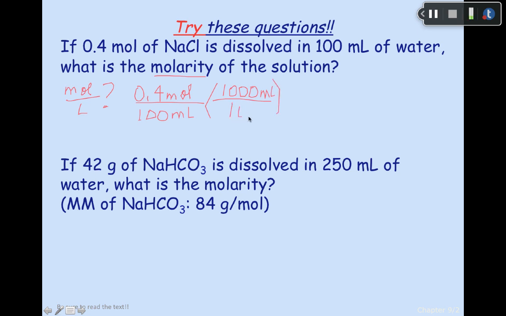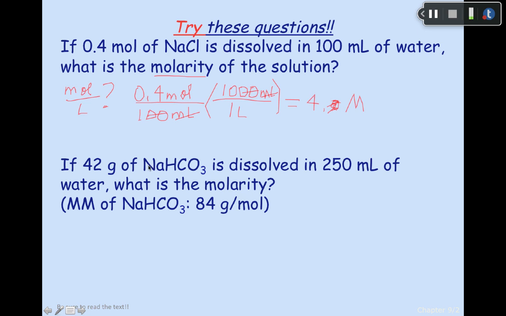That will show you how milliliters should cancel. Take out a couple of zeros, make your life easier. And so 0.4 times 10 is all you have on top, and so the answer is 4.0. We don't need that many digits, actually. There's not that many sig figs. M is your answer, molarity, 4 moles per liter.